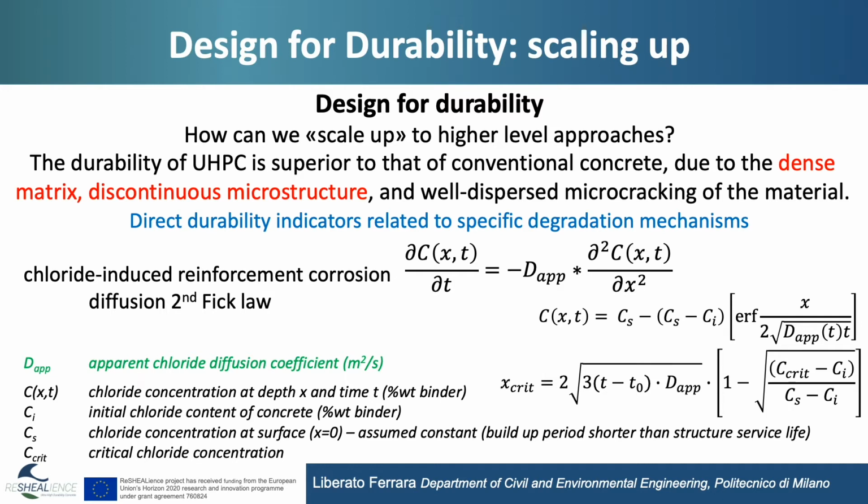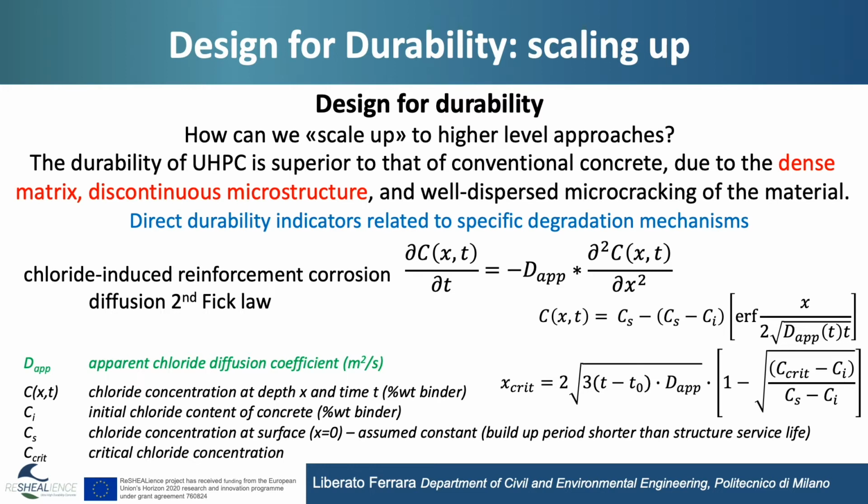I reported the solution in terms of concentration, but also the solution in terms of the critical depth. The critical depth is the depth which, depending on the apparent diffusion coefficient, but also on the concentration of the chlorides at the surface and at the initial time inside the concrete, is reached when this concentration reaches a value which we consider as critical, for example, for the initiation of the corrosion of the reinforcement.